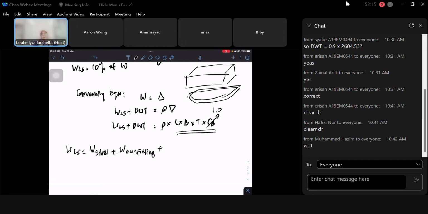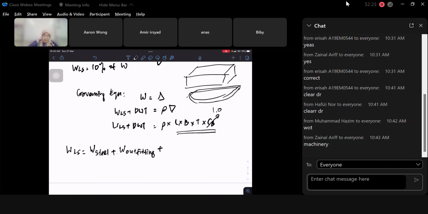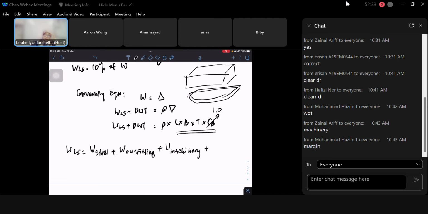Okay, what other else? Steel, outfitting, and then like I said, weight of machinery. So this is W, yeah. Sorry for my writing. And plus what? Okay, weight of machinery. Yes, margin. So you have a margin.